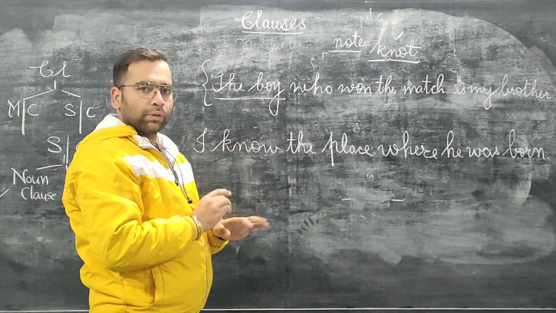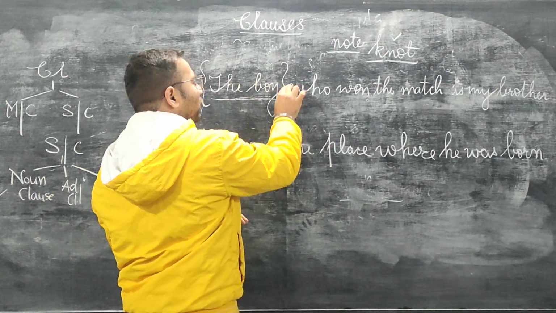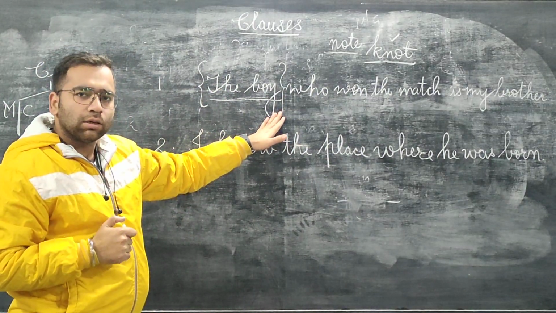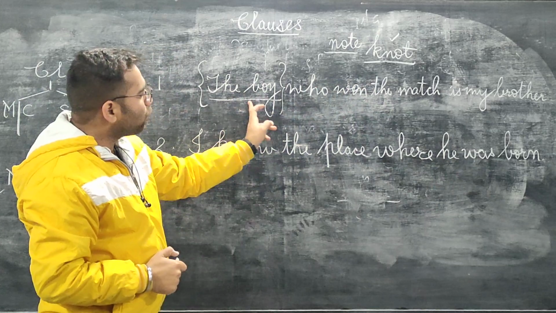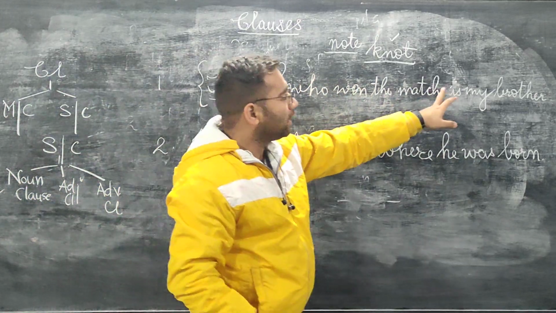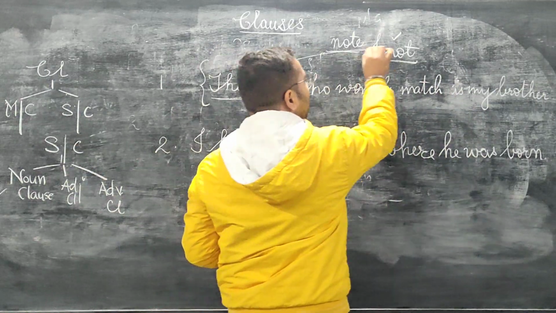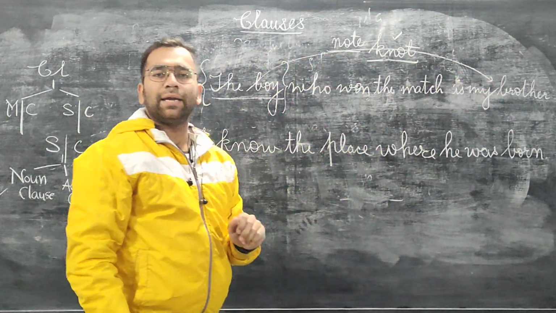The boy, I can break. If I break this much, the boy, it is not making any sense. Then read it further. The boy who won the match is my brother. Is my brother. It means the boy is connected with is my brother.